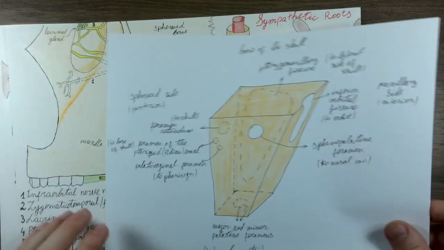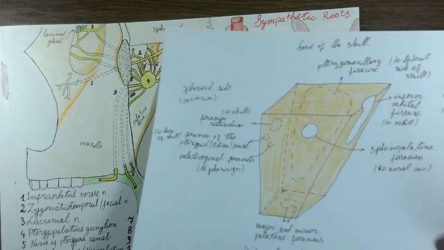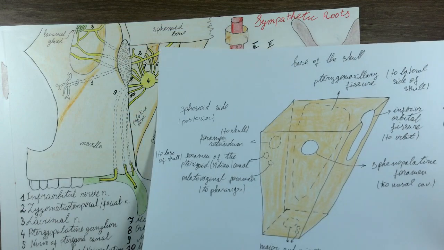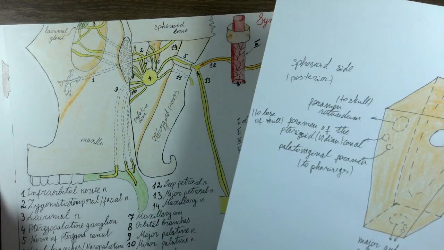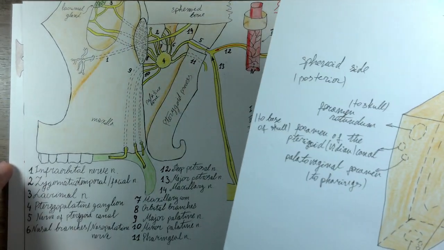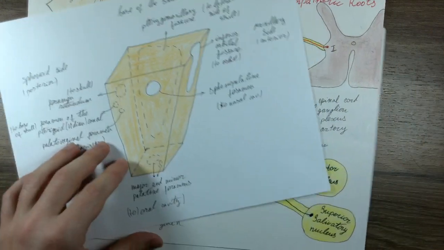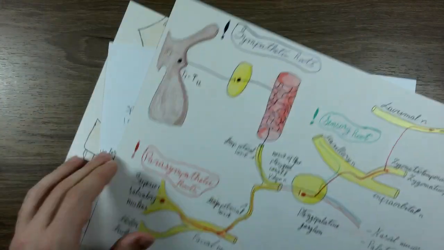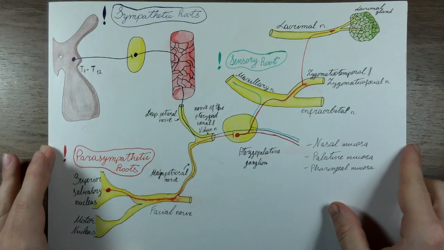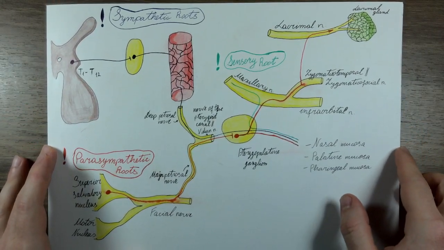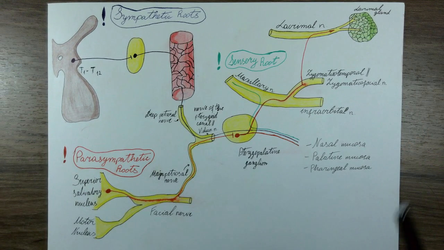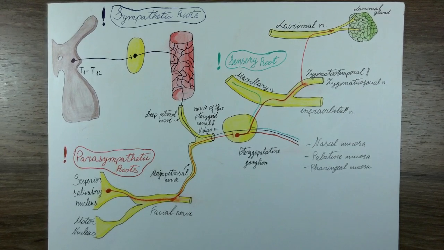Now, before we discuss the macroscopic anatomy of the pterygopalatine ganglion, I would like for us to go over the neuroanatomy of this region, because that would help quite a bit with explaining everything else. So, first of all, we said that this is a parasympathetic ganglion in the beginning.